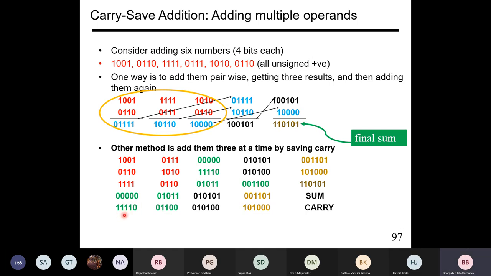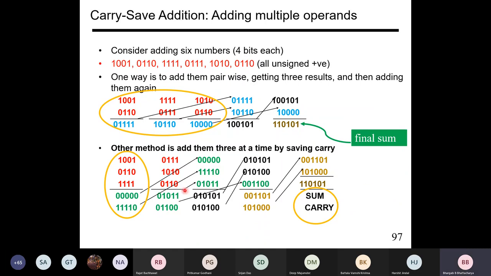I'm saving these carry bits to be used later, and I use the same principle, adding three numbers together, generating sum bits and carry bits separately, and finally combining them. So I want to reflect this in hardware now and see whether there is an improvement in time. This is what is called carry save addition.